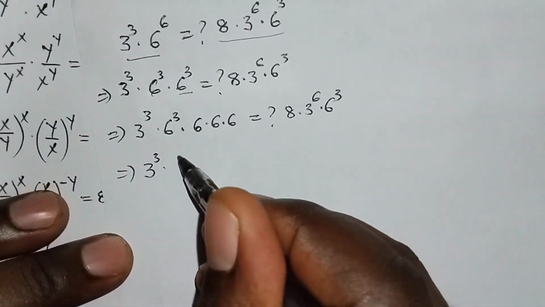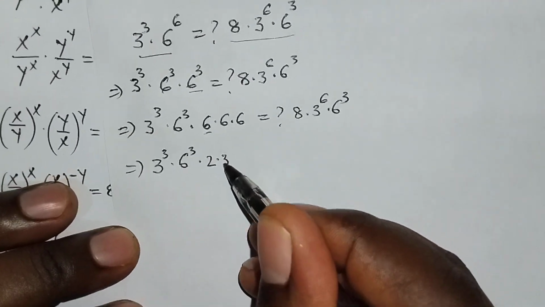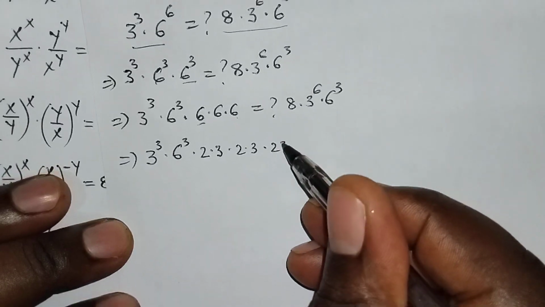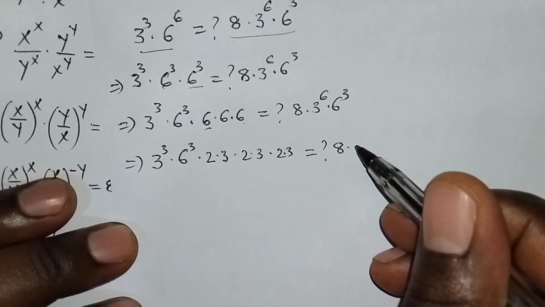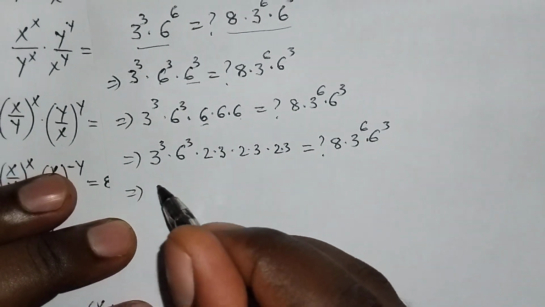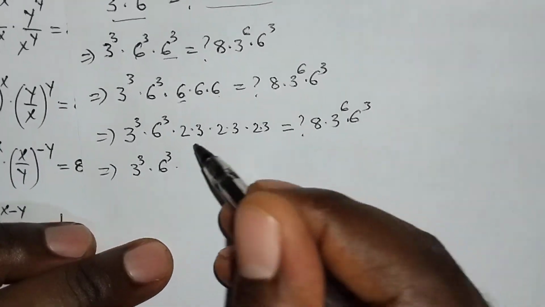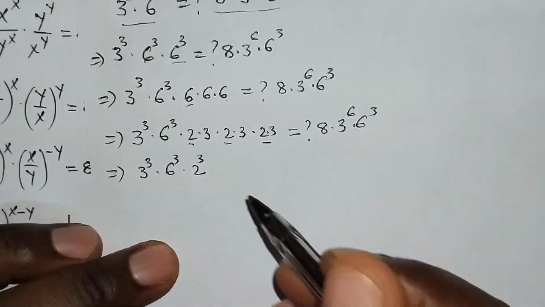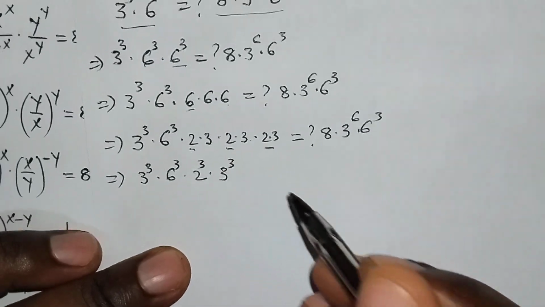3 power 3 times 6 power 3 times this 6, which is 2 times 3. This one 2 times 3. This one 2 times 3. Is it equal to 8 times 3 power 6 times 6 power 3? This is 3 power 3 times 6 power 3 times 3 power 2, it is 2 cube times 3 cube.